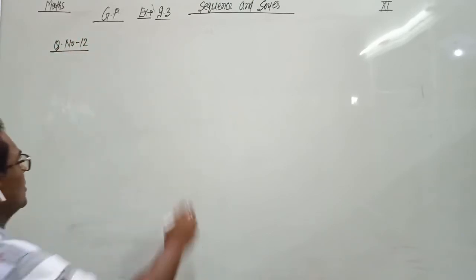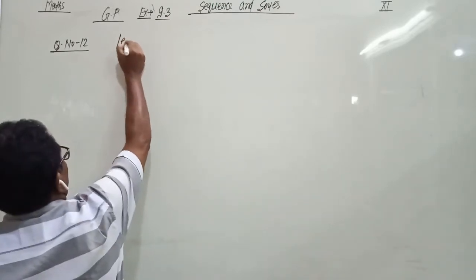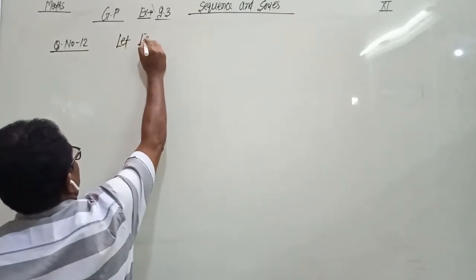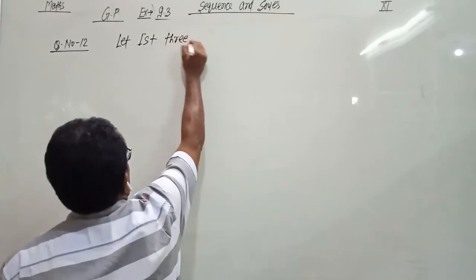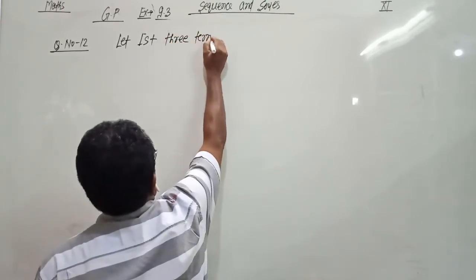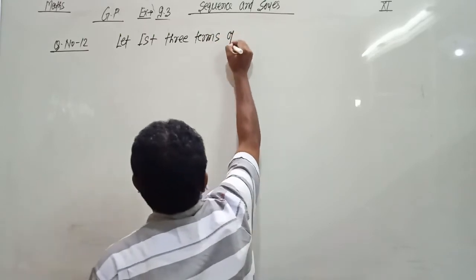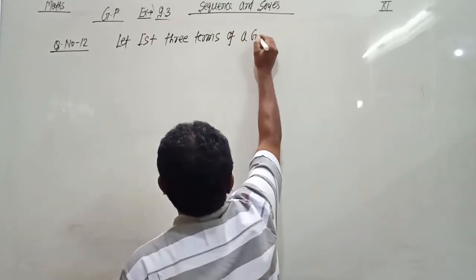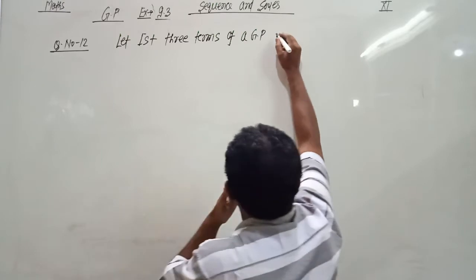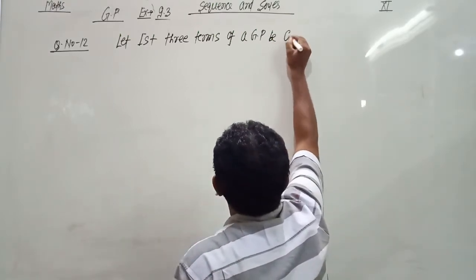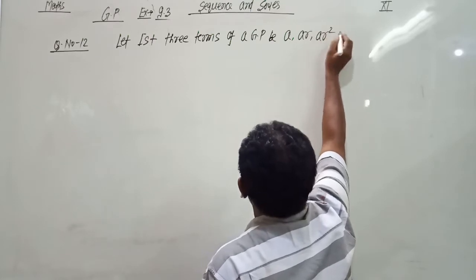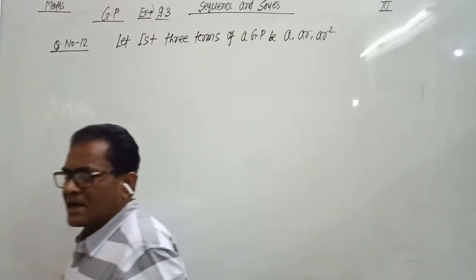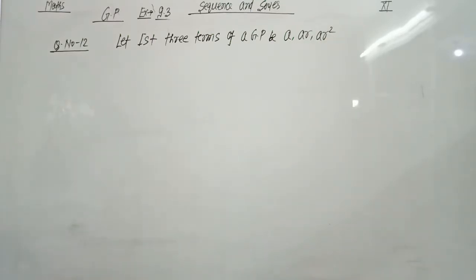Let the first three terms of a GP be A, AR and AR square. These are the first three terms.